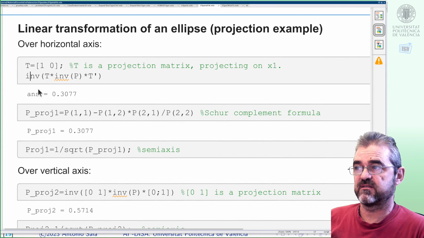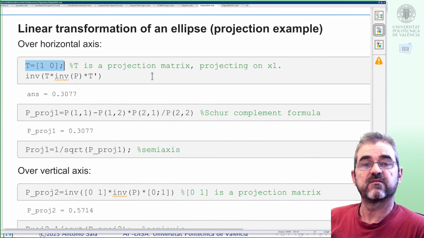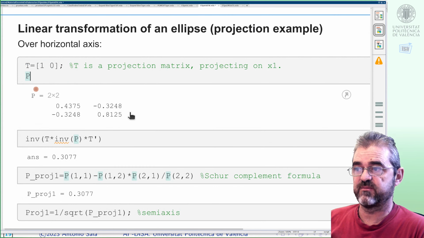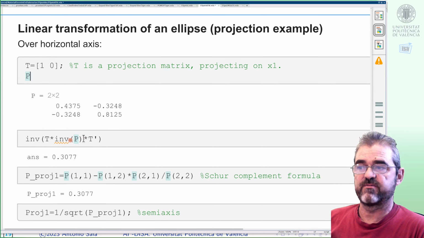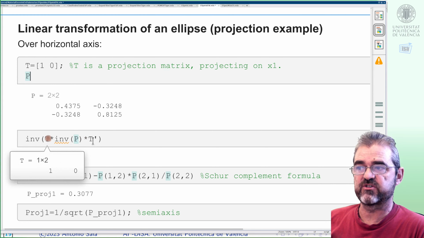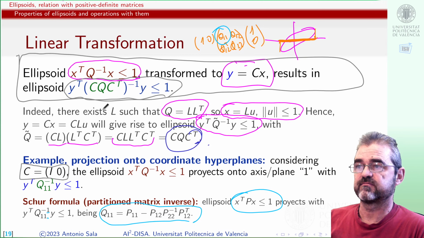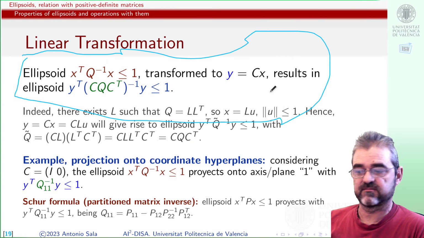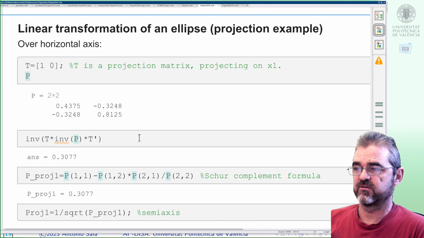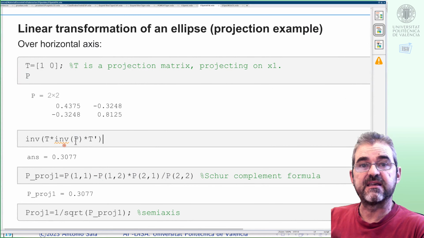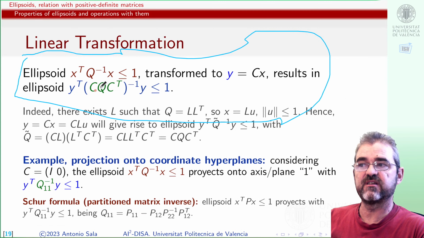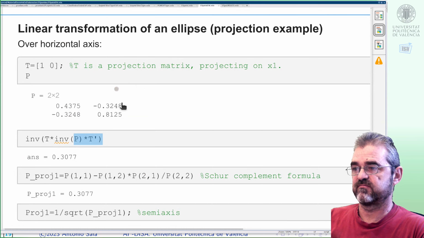So imagine that I wish to project over the x1 axis. Then if I have this P matrix, this will be Q, and this will be the transformation transposed, as we see here, but changing C by capital T. So the P matrix of the projection will be the inverse of T Q T transposed.